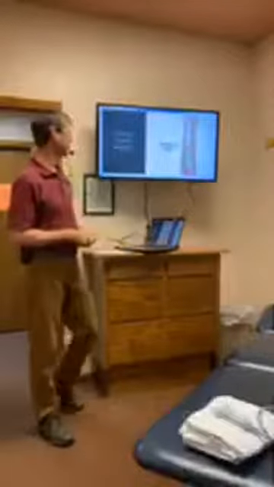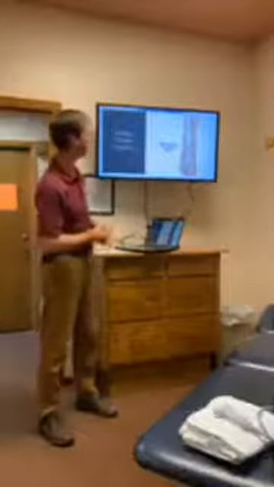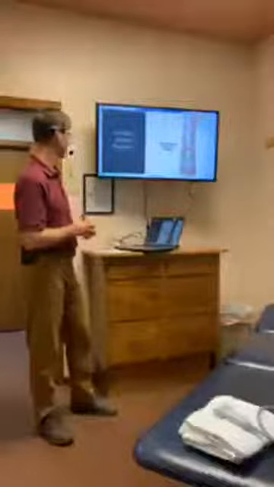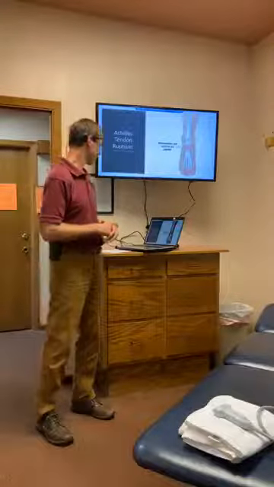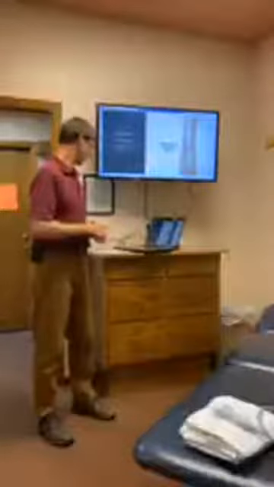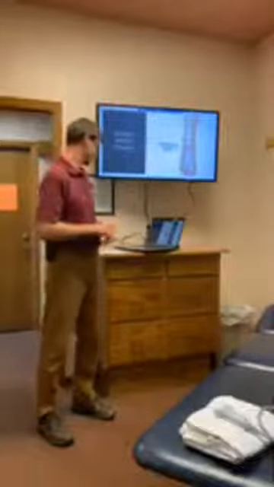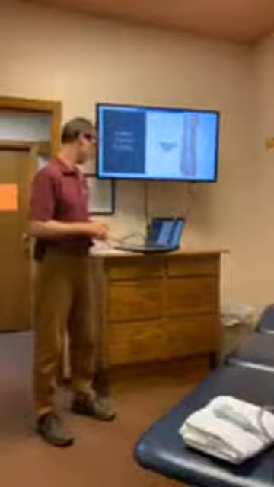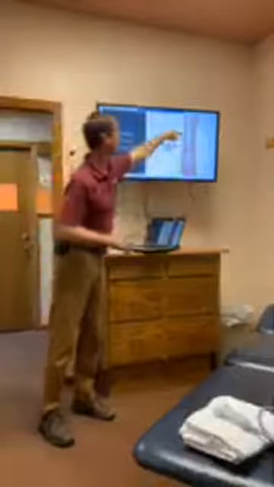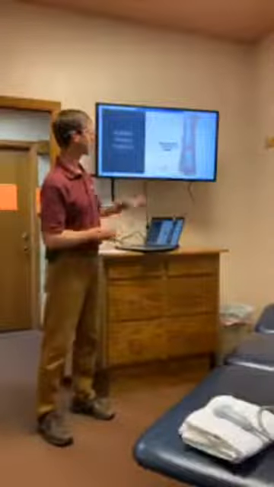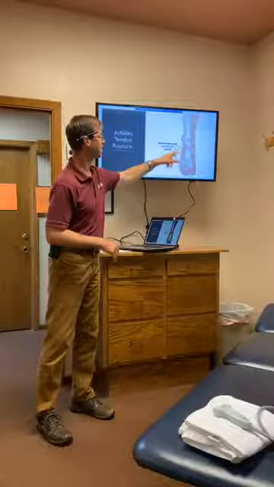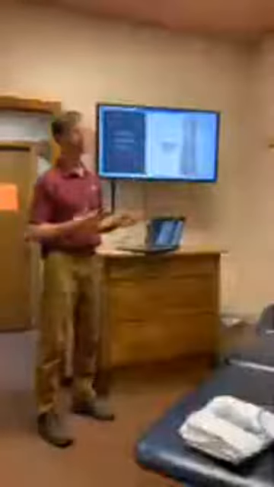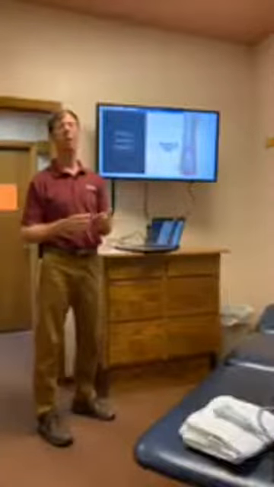Okay, Achilles tendon rupture. You're looking at the back of the ankle and foot. And the Achilles tendon is right here, okay? So this is actually showing a rupture of a different structure, but the purpose of it is that you can see that there's tearing of the tissue.